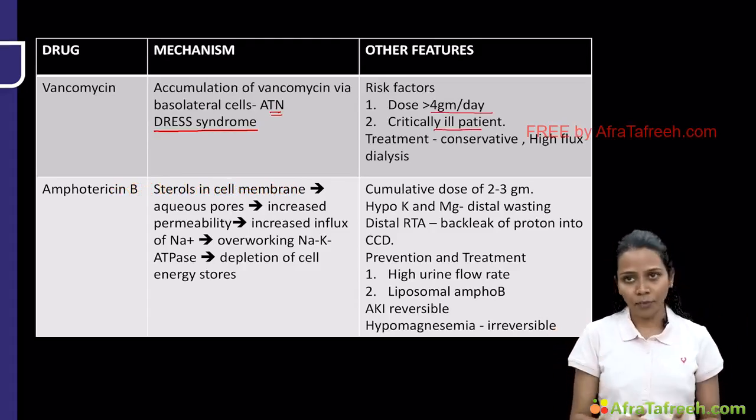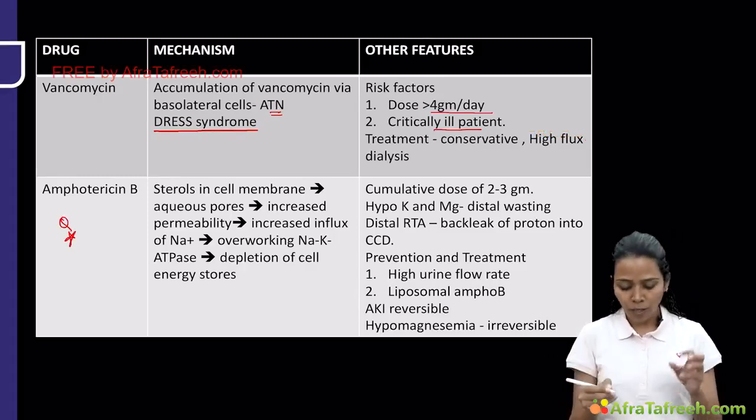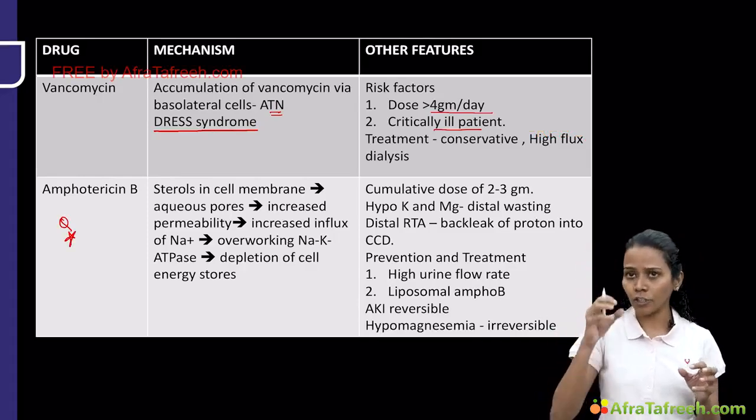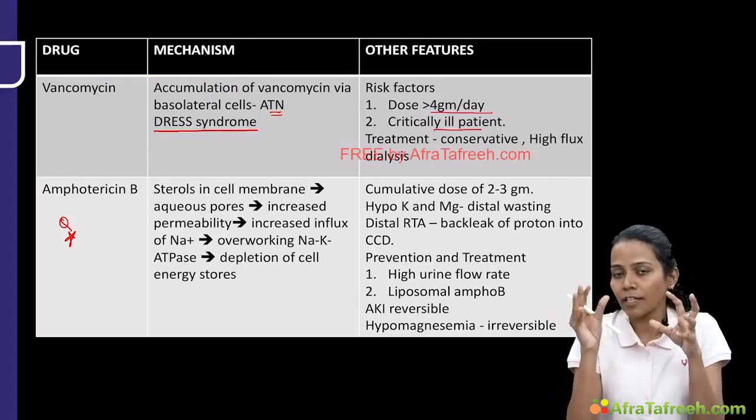Okay. Next is amphotericin B. Again, this is very important. It has been asked as a question. So what happens is that in the tubules, there are sterols in the cell membrane. Amphotericin B's mechanism of action is by binding to fungal ergosterols, right?